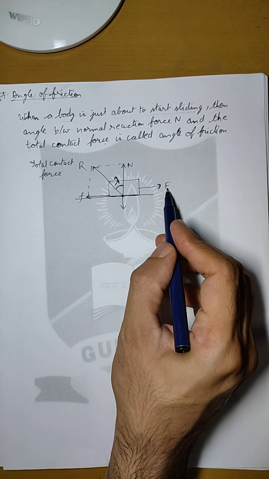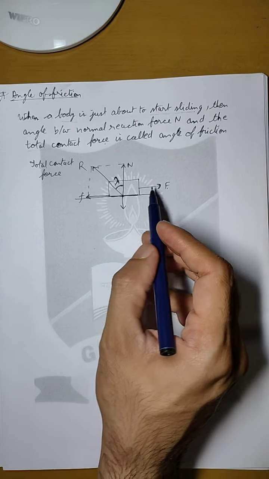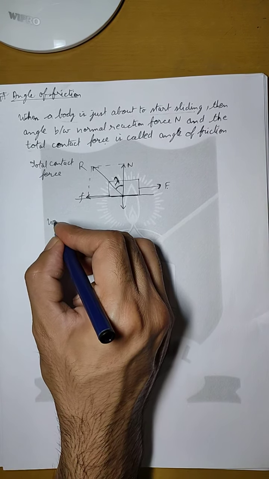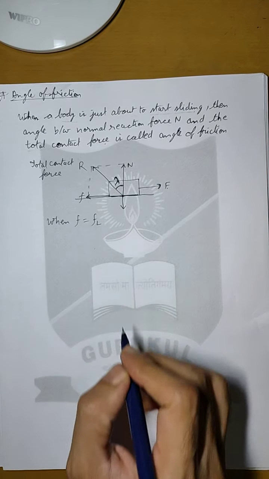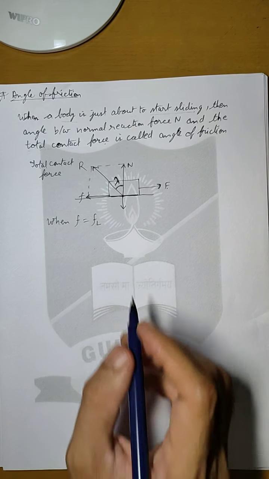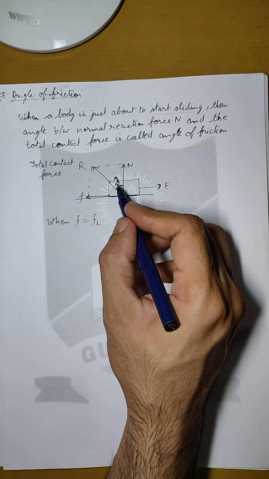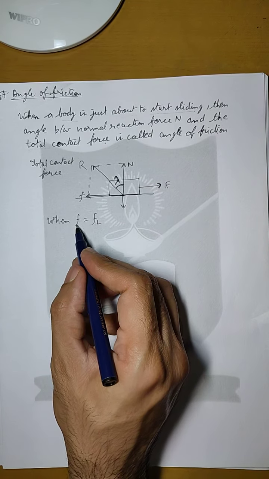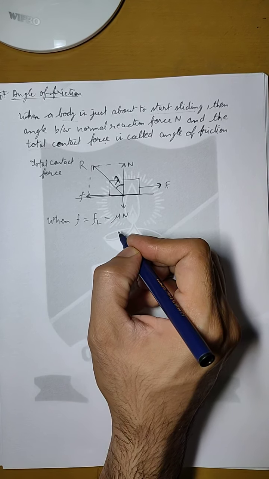When the external force is increased, the force of friction also increases, and when the force of friction approaches the limiting friction, at that point the sliding will start. So we define the angle of friction at that point, when the force of friction equals the limiting friction. Now we know that limiting friction is given as mu N.